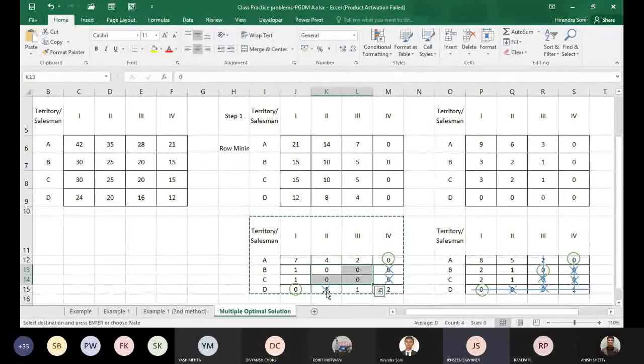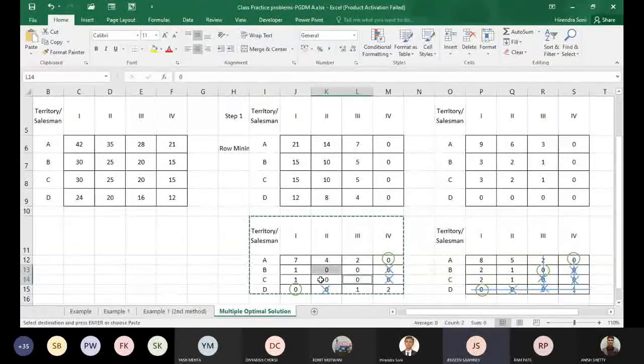Correct? Now I have 2 zeros in this column, 2 zeros in this column, and similarly 2 zeros in this row as well as 2 zeros in this row. That means it is my choice now if I wish to choose like this or choose like this.